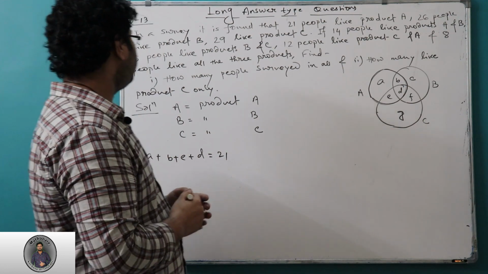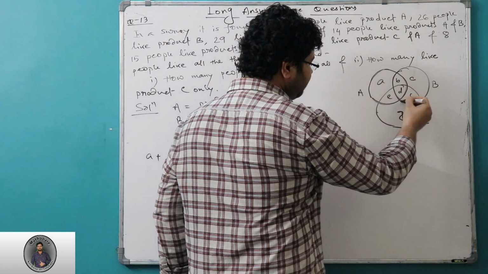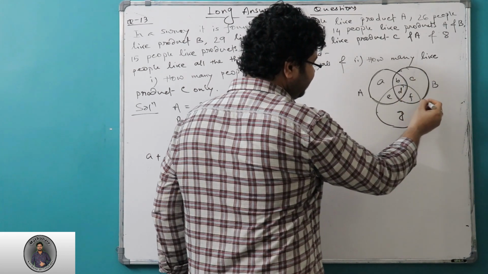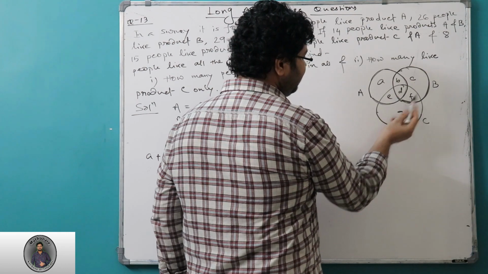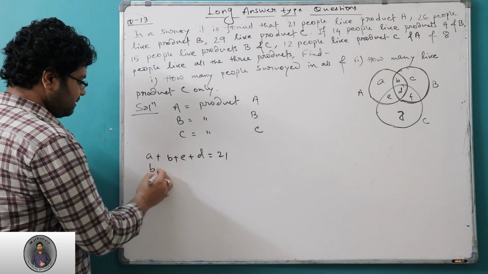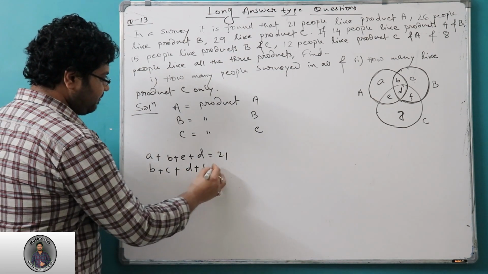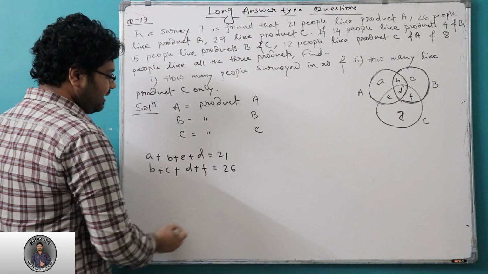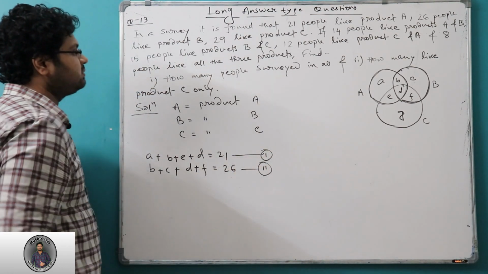Now 26 people like product B. So this is the set of product B, and there are also 4 partitions of that set, that is B, C, D, and F. So I am writing B plus C plus D plus F, and it is 26. And I am also naming these equations as 1, this as 2.